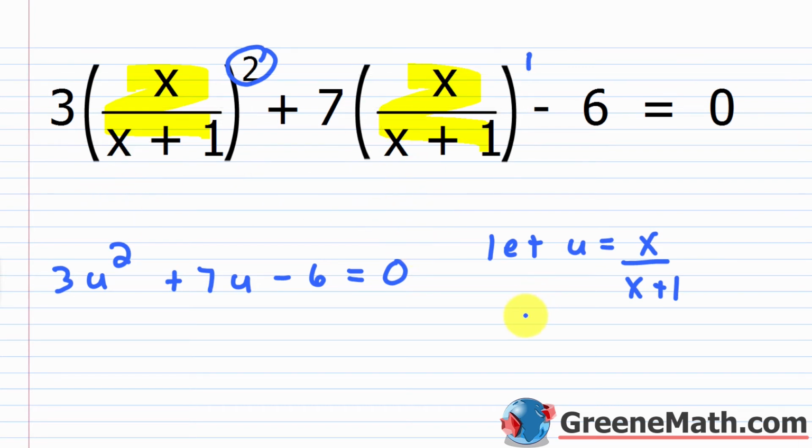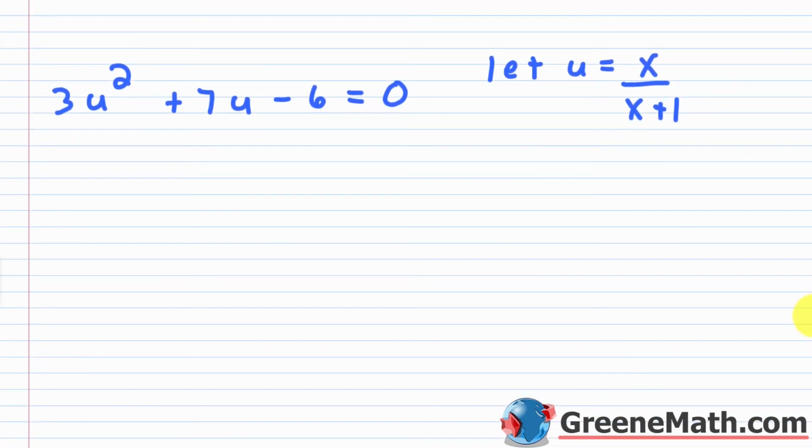So again, let's return to the problem. We've got this set up here. And let's think about this for a second using our quadratic formula. This is my A, this is my B, and this is my C, right? So A is 3, B is 7, C is negative 6. So I've got that u is equal to negative B. In this case, B is 7, so I'm just going to write it out.